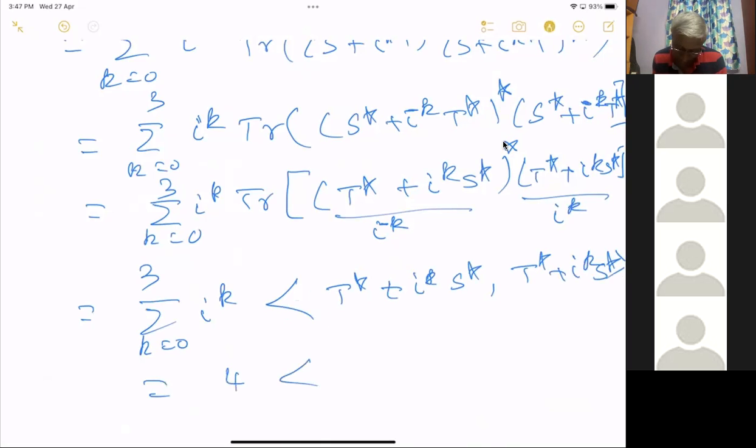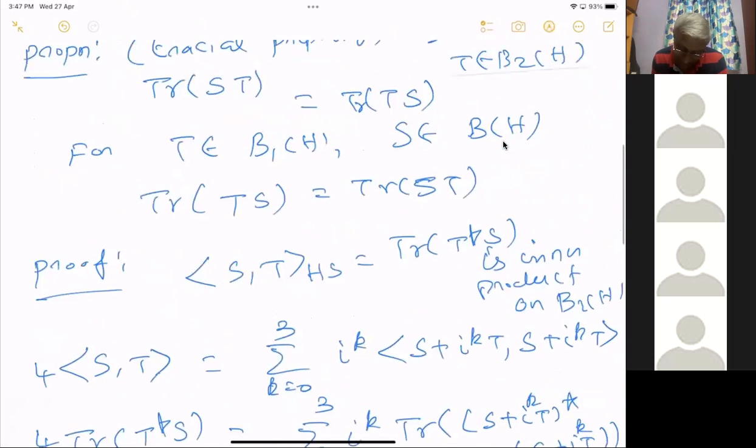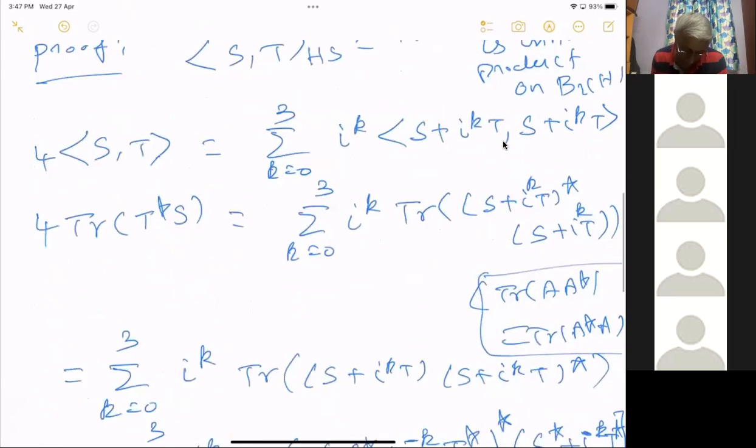Now this is equal to 4 times trace. I mean, this is just the inner product between T star and, what is the inner product there? How is it defined?